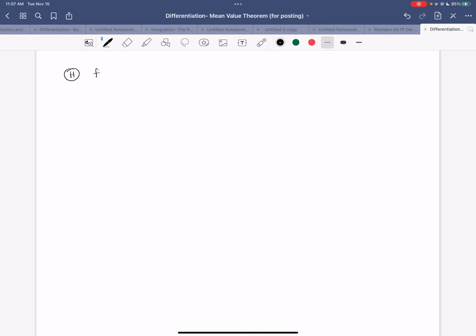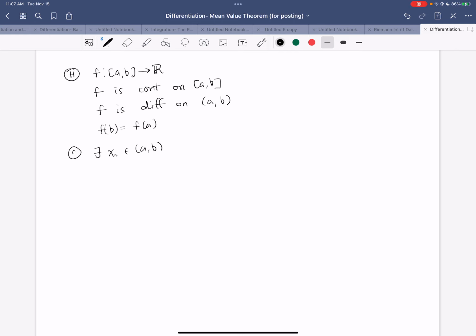So the hypothesis is that f goes from [a,b] to R, f is continuous on [a,b], f is differentiable on the interior, and f of b is equal to f of a. And the claim is that there exists x0 in (a,b) such that f prime of x0 is equal to 0.